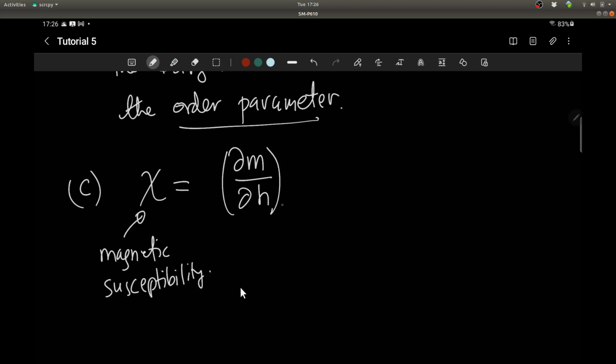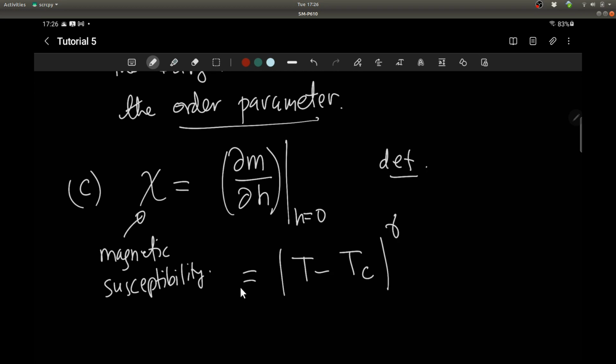You compute this, of course, at constant t, and then evaluate this at h equal to 0. This is the definition of chi of t, and again this goes as mod t minus tc power. So isn't it dm db? Sorry, dm dh, absolutely right.